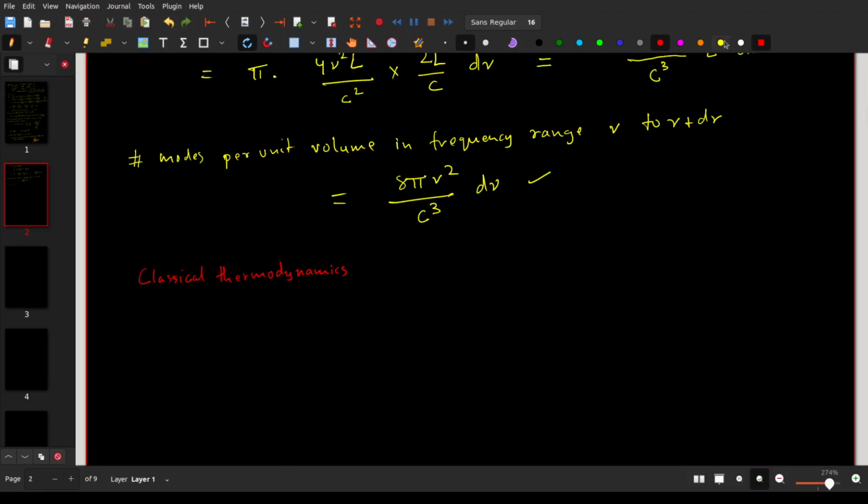Then we know that at temperature T, each mode contains energy 1/2 kBT, where kB is Boltzmann constant.